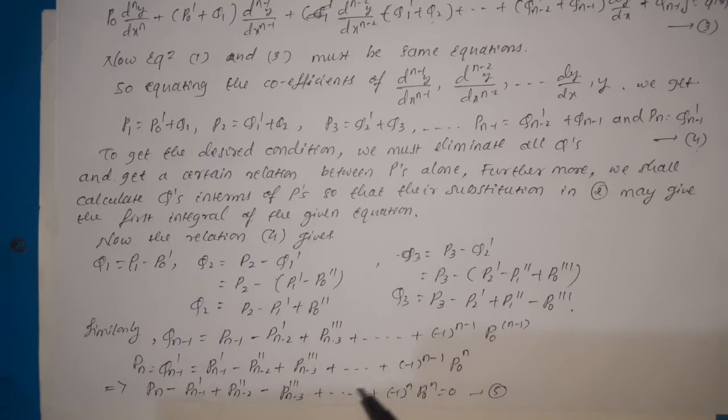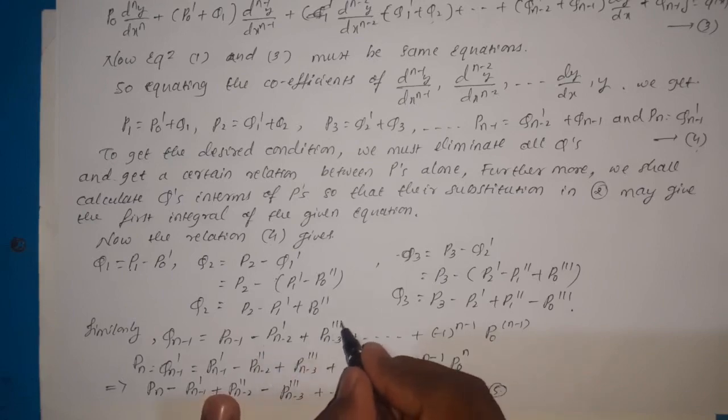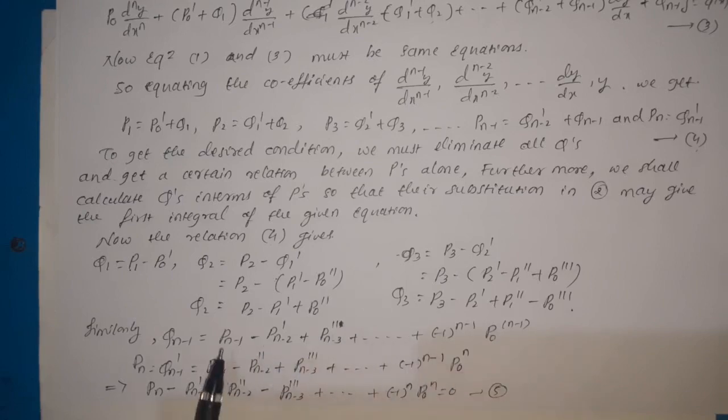Here it is pn minus 1, pn minus 2 dash, and pn minus 3 double dash, because the power is 0, 1, 2. Next will be pn minus 4, and the differentiation will be third order, right?